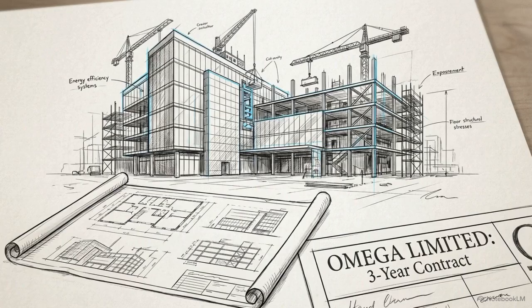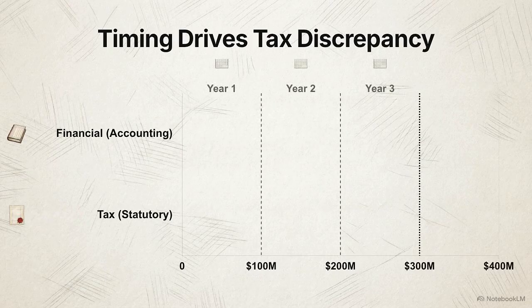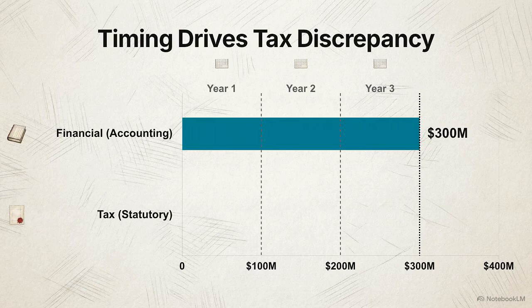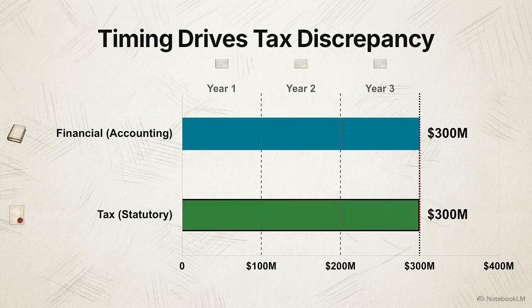To observe the mathematical inevitability of this reversal, we can examine Omega Limited, a firm executing a 3-year contract. For its financial statements, Omega uses the percentage of completion method, recognizing revenue smoothly over the 3 years. For its tax filings, it uses the completed contract method, delaying all revenue recognition until the project finishes.